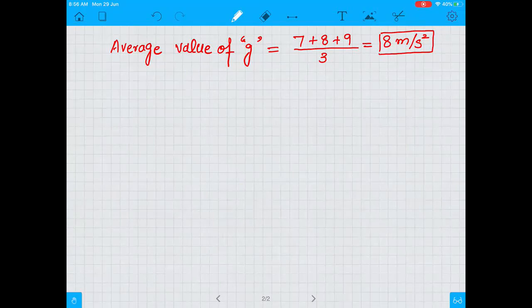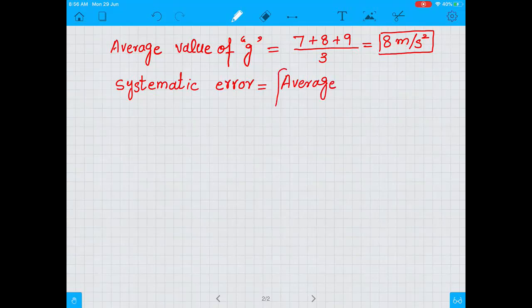Now, according to the formula, the systematic error would be the average value of G minus the actual value. This formula is always applicable. Subtract the actual value from the average value, and then you will get the systematic error.